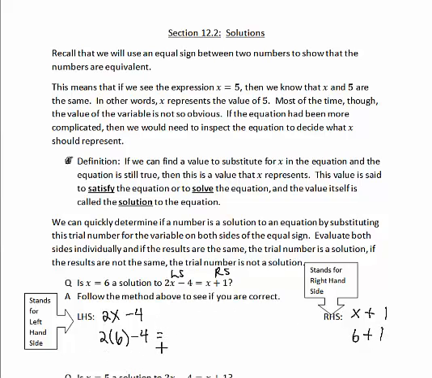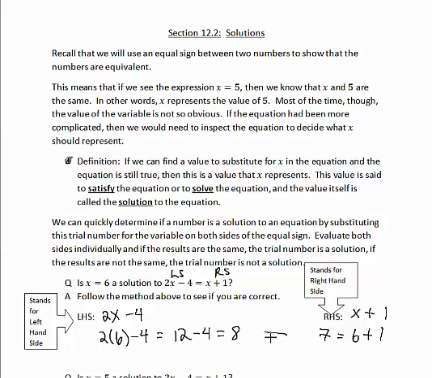We carry out the order of operations. With the left hand side we have multiplication and subtraction, and so we multiply first, and we get 12 minus 4, and 12 minus 4 results in an 8. Now we check the right hand side and we add 6 and 1, and we get a 7.